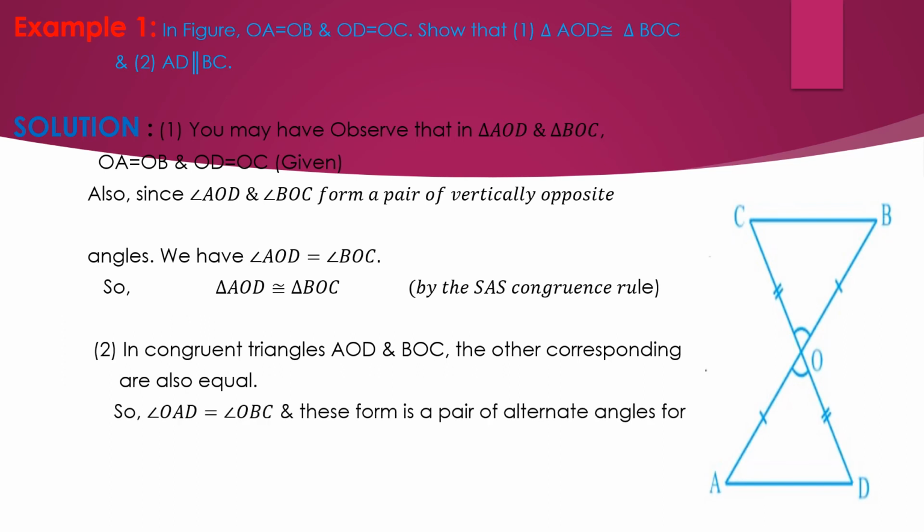So angle OAD is equal to angle OBC, and these both form a pair of alternate angles for line segment AD and line segment BC. Therefore, we prove AD is perpendicular to BC.